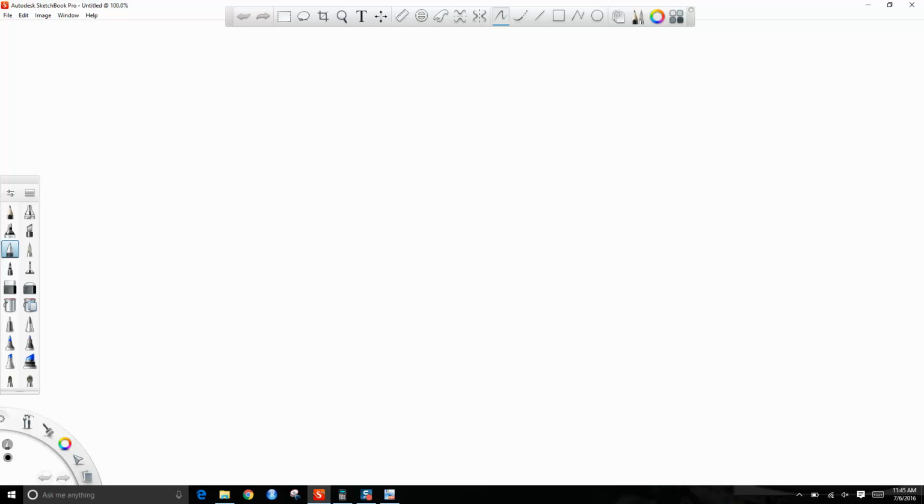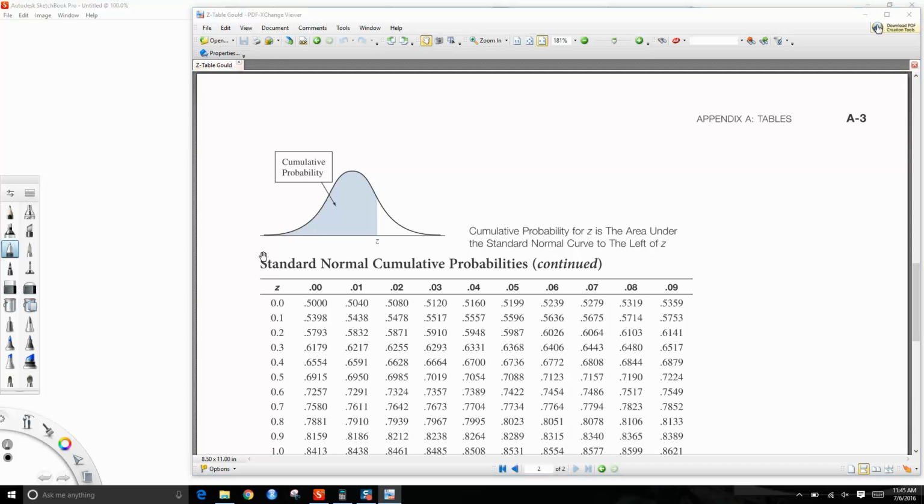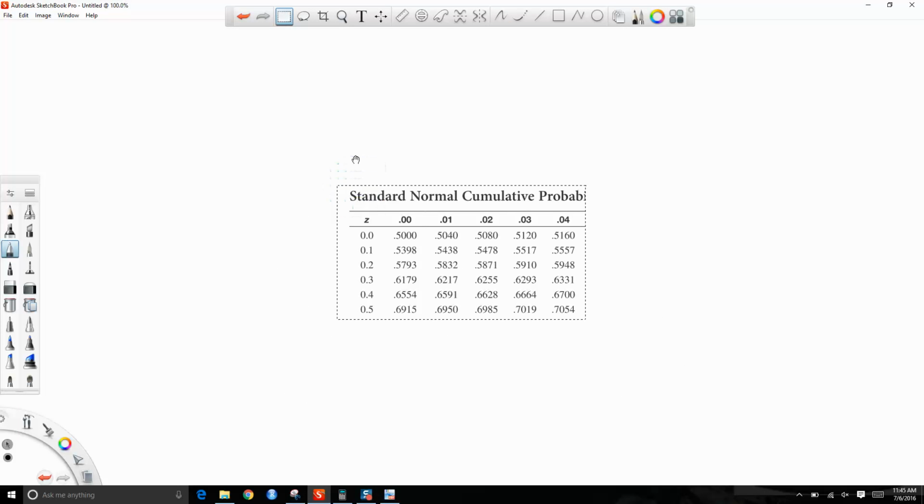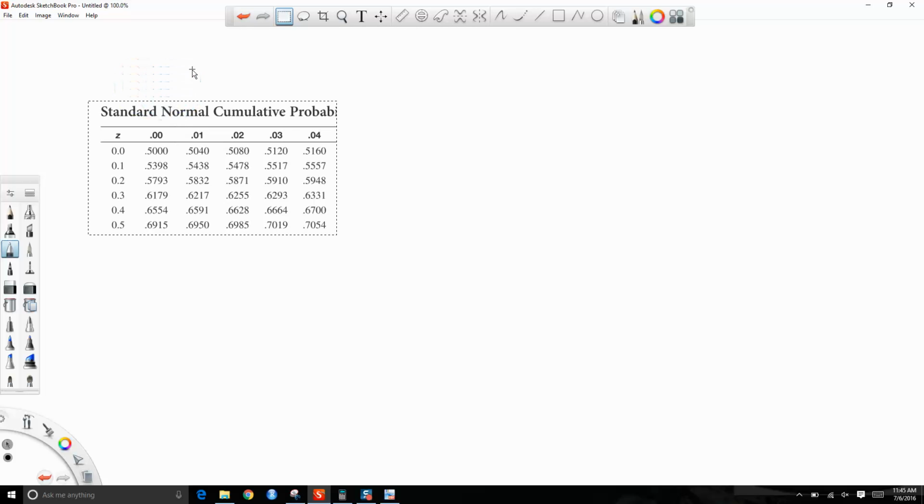What this says is that the row is 0.0 and then the column is 0.00. That would combine to z equal to 0.00.